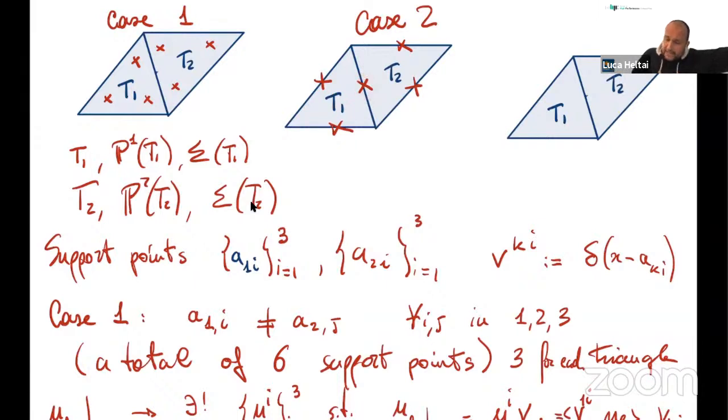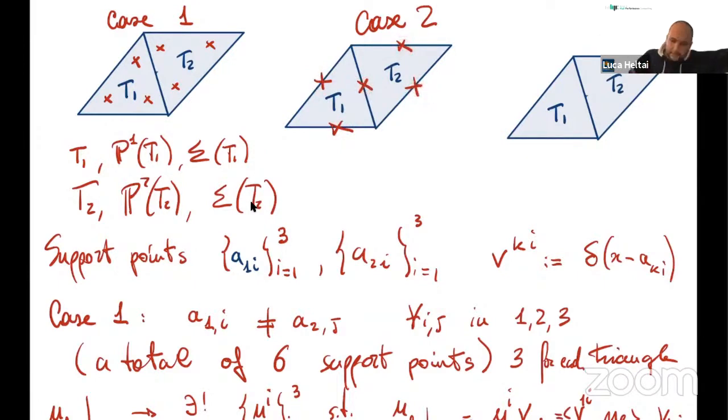If I do that, then the total number of degrees of freedom, if I consider the 2 triangles together, is 5. So I have 1, 2, 3, 4, and 5. And when I restrict to each one of these 2 guys, the set of degrees of freedom is 1, 2, 3 for T1, and 3, 4, 5 for T2.